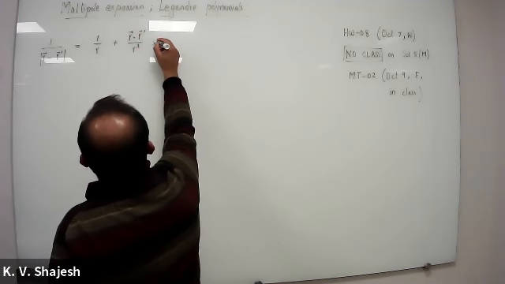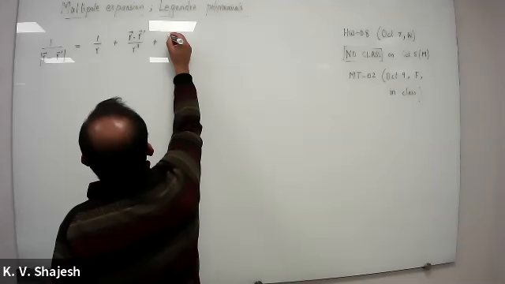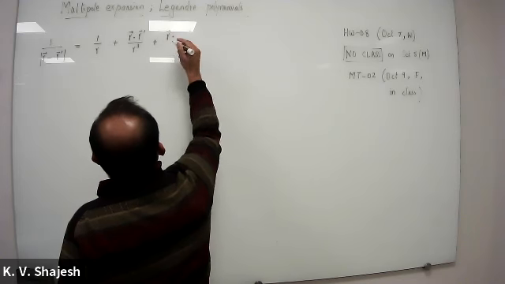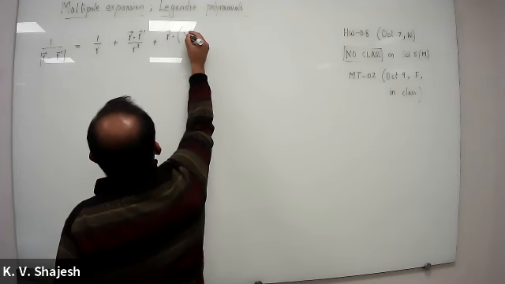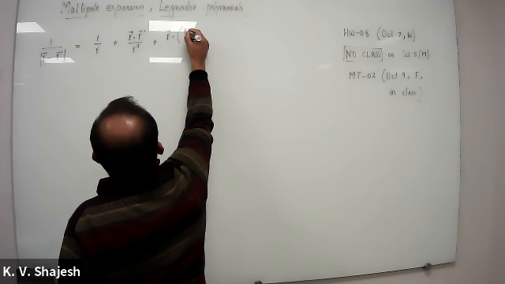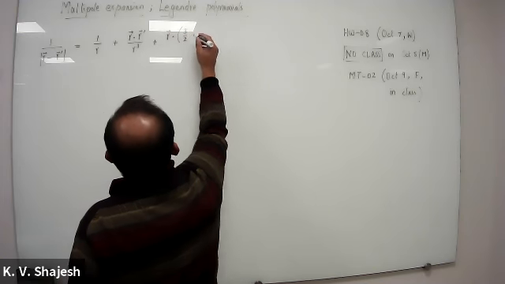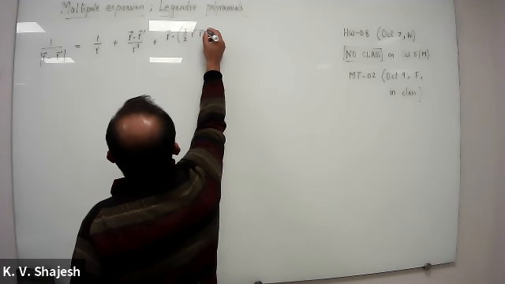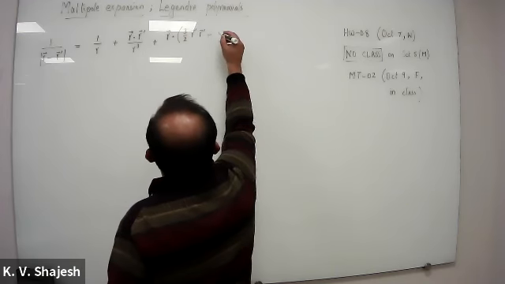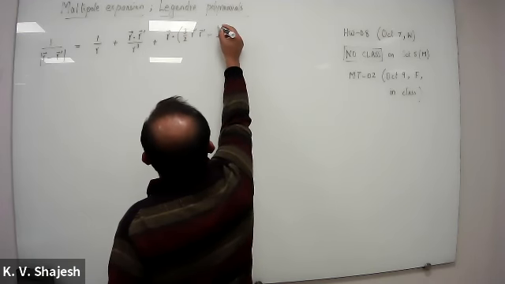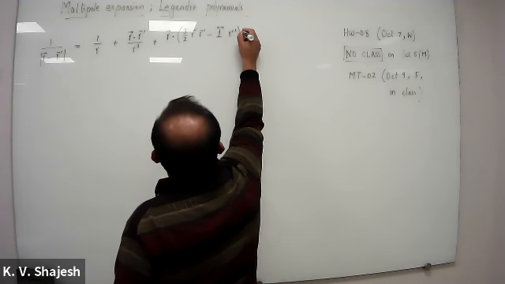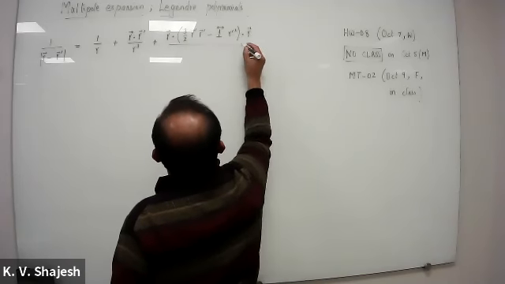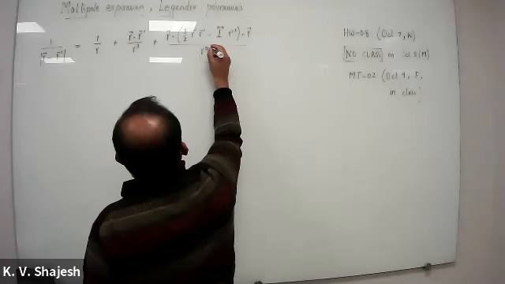And the next one, let me write it in the following form: 3 by 2, R prime minus 1, R prime squared dotted with R, over R raised to 5.